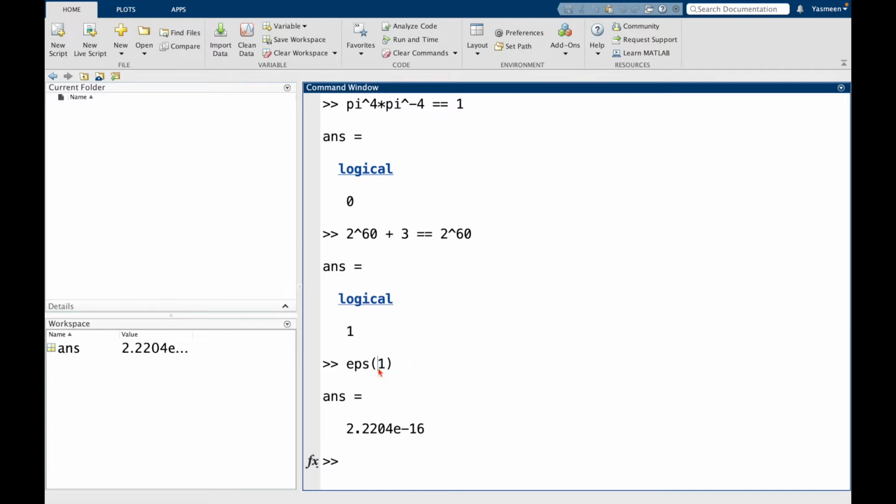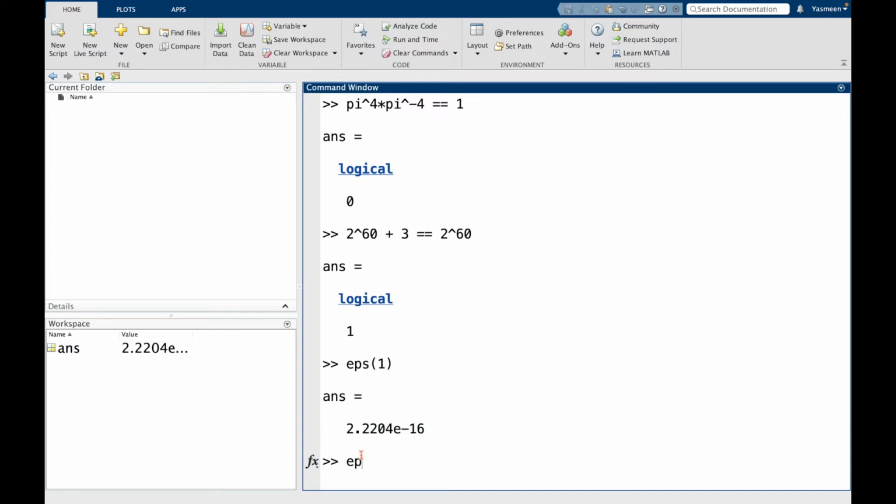So for instance, let's say I have a number that lives in between 1 and 1 plus this value. If we imagine this is epsilon, we're saying, if there's a number between 1 and 1 plus epsilon, what MATLAB does is it either gets rounded down to 1 or rounded up to 1 plus this value. So here we can see this is a very tiny value.